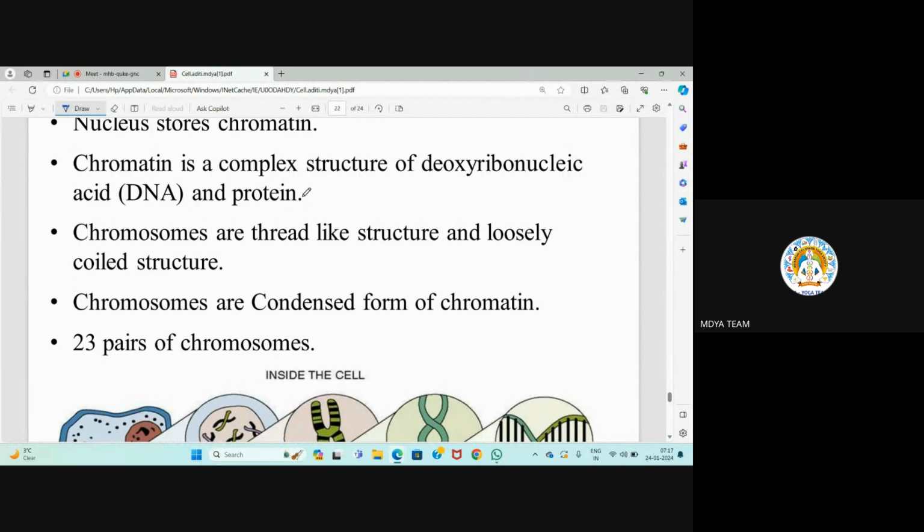And chromosomes are thread-like, coiled structures: when chromatin is collected and coiled, that is known as a chromosome. Means the dense form of chromatin is chromosome.